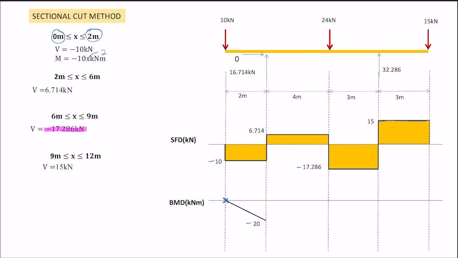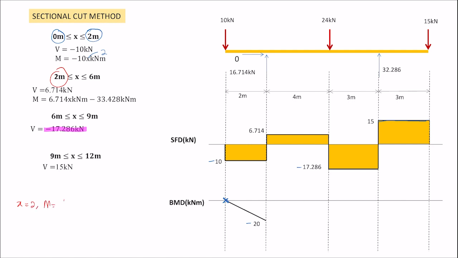For the next boundary, X must be bigger or equal to 2 meter but less or equal to 6 meter. M is 6.714X kilonewton meter minus 33.428. So we will check first at X equal to 2 meter. Just substitute, therefore X equals 2.